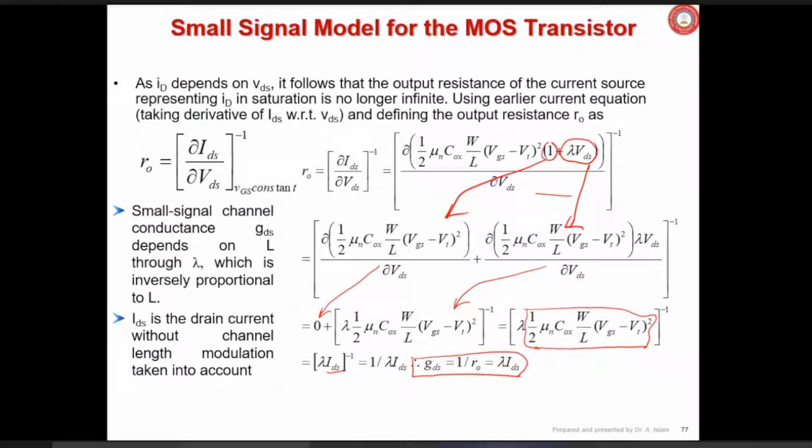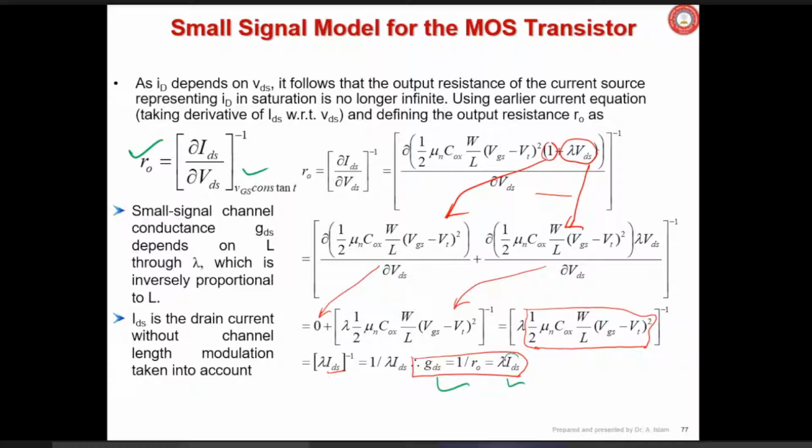Next, RO I have already defined. It is 1 upon GDS, and ultimately we get this expression: GDS equals 1 upon RO equals lambda IDS, where IDS is the drain current without CLM taken into account.